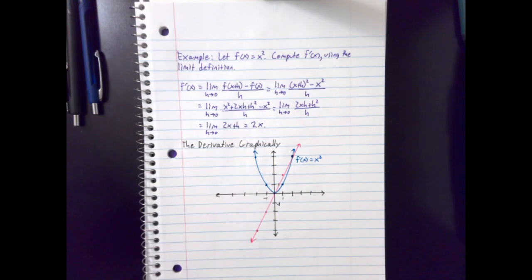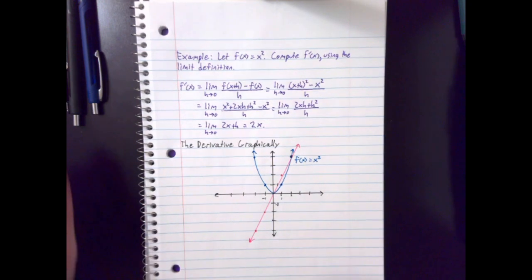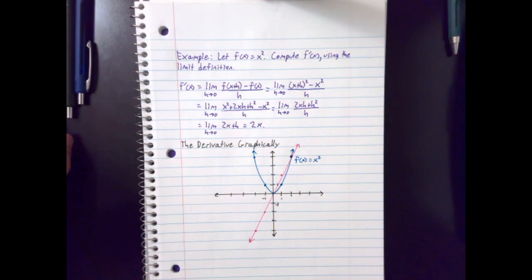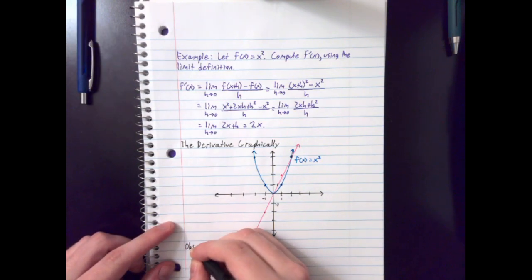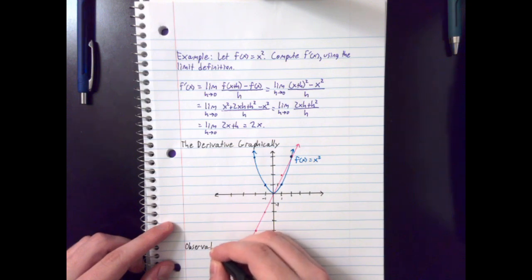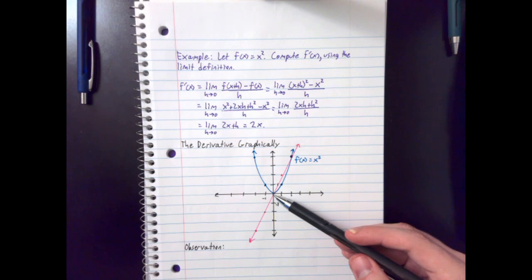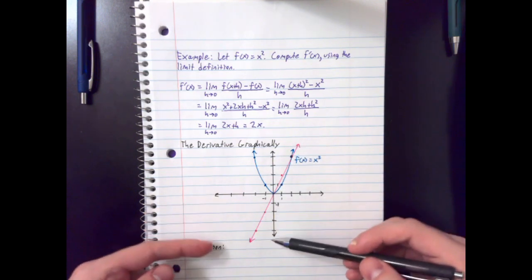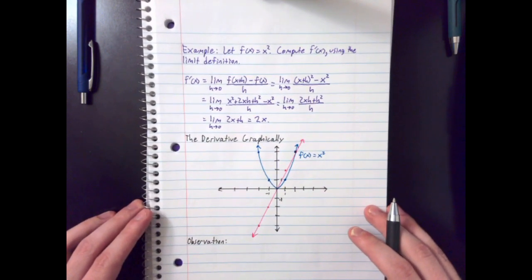And there's a lot we could say about what the derivative represents graphically, but the main observation that I want to note is: what happens if the derivative is negative? The derivative being negative just means that this pink line is below the x-axis, so we're just focusing on the left half of the coordinate axes now.